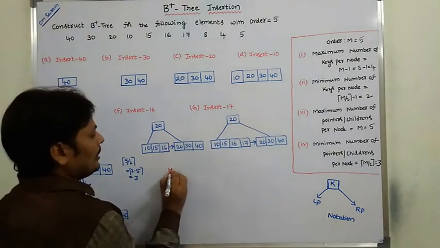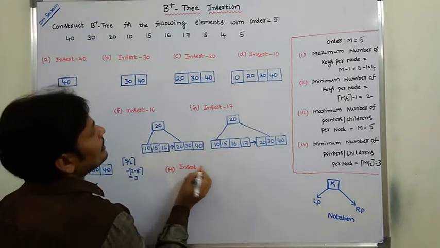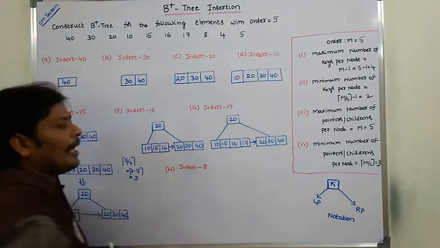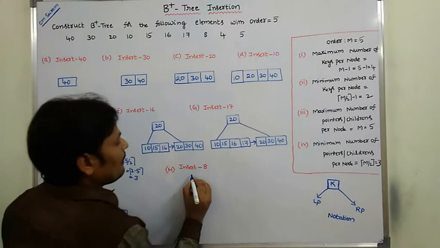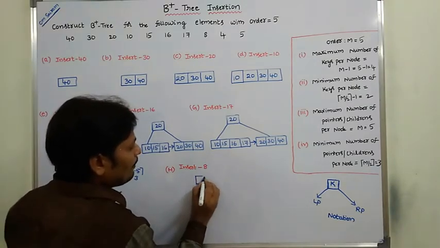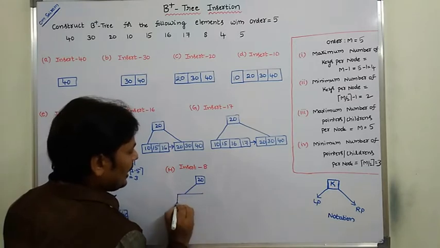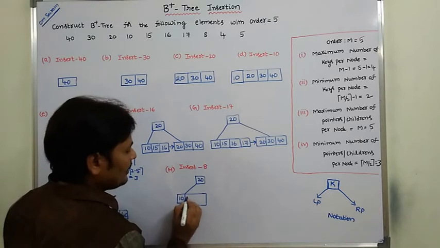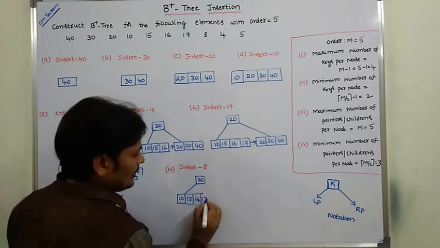Okay. Next insert. Next element, 17 is over. Next element is insert 8. So before inserting element 8, the existing B plus tree is: 20, with the left child containing 4 key elements, 10, 15, 16 and 17.